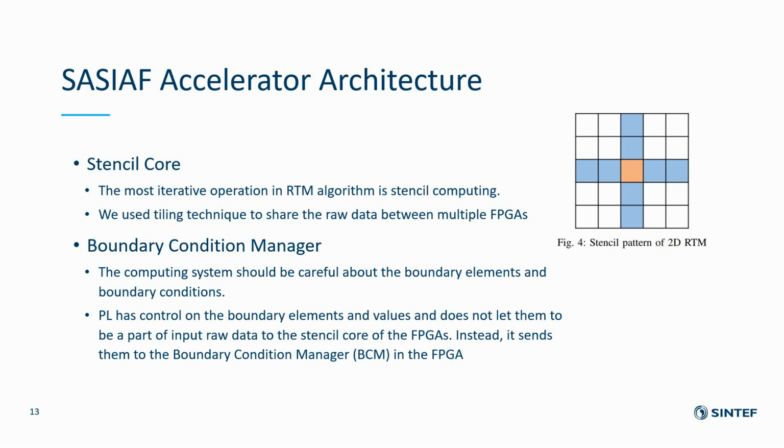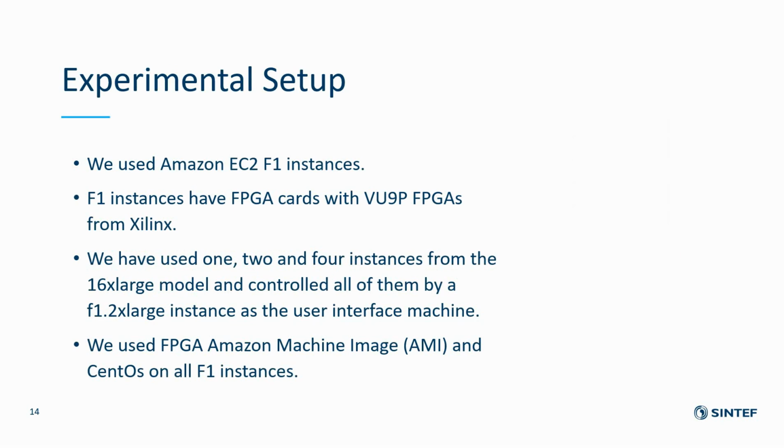Then you need to make some assumption, getting dummy numbers from the boundary, or keeping the results from previous steps at that place. So the PL manager has control of the boundary elements and values, and does not let them be part of the input raw data, and sends them to the BCM.